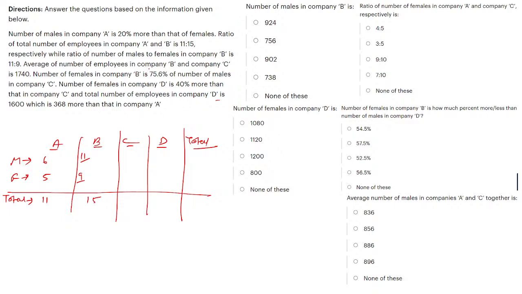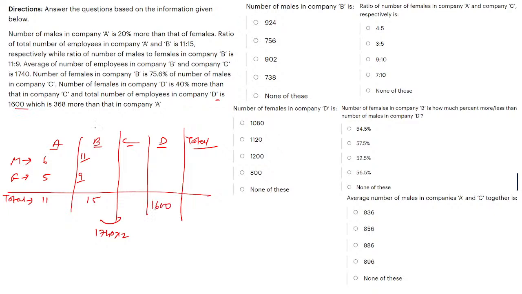And average number of employees in company B and C is 1740, so this total is 1740 multiplied by 2. Number of females in company B is 75.6%, leave it for the moment. Number of females in company D is 40%.